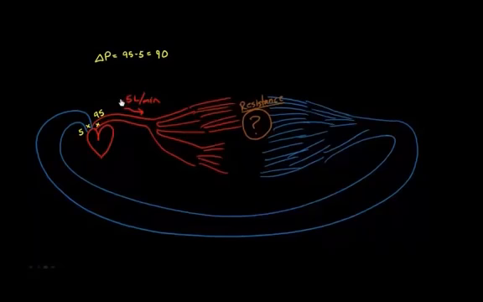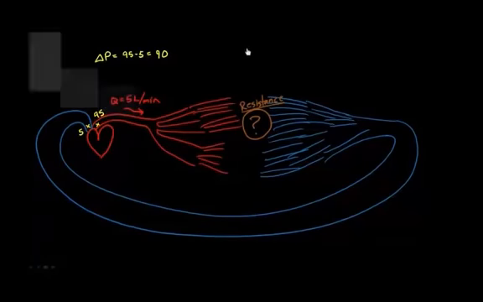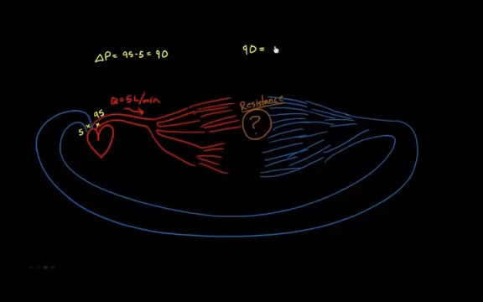And that was my Q. Actually, let me take a step back from that. Instead of 90, let me write the units. 90 millimeters of mercury, and the flow is 5 liters per minute. That's my Q.